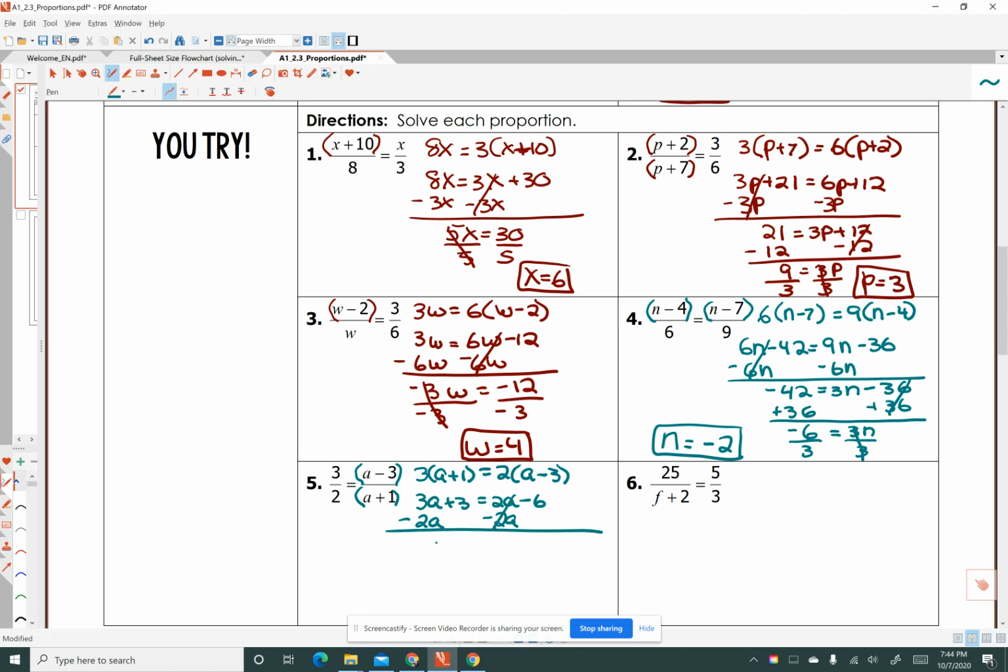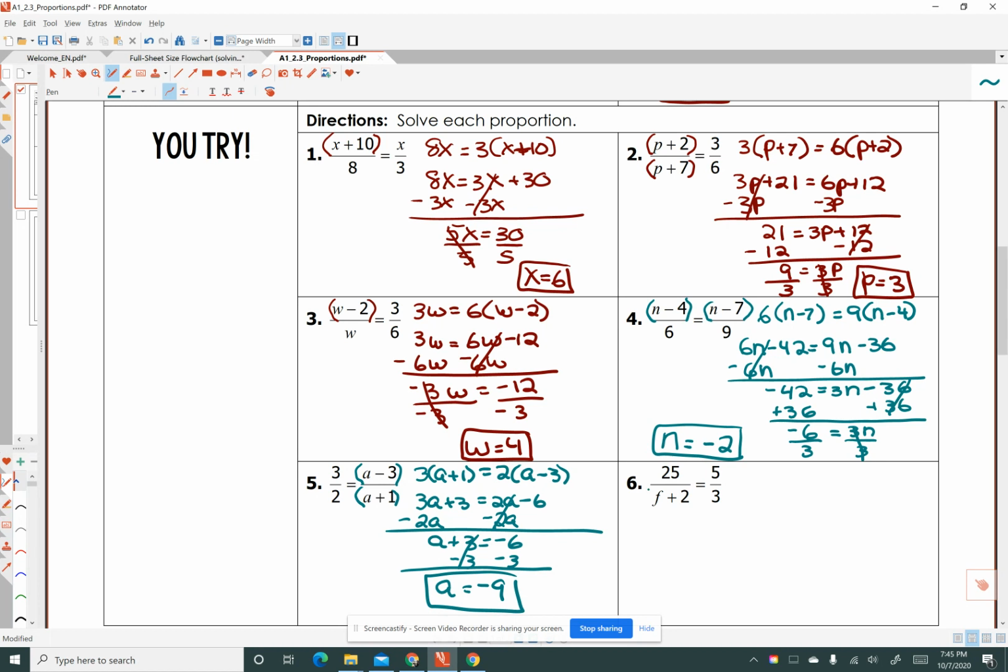So 3 minus 2 is 1. We don't generally write the 1. That's an invisible 1 there. So I've got a plus 3 equals negative 6. And now I need to subtract 3 from both sides. That means that a equals, it's not a very good looking a. Let me see if I can do better. A equals negative 9.